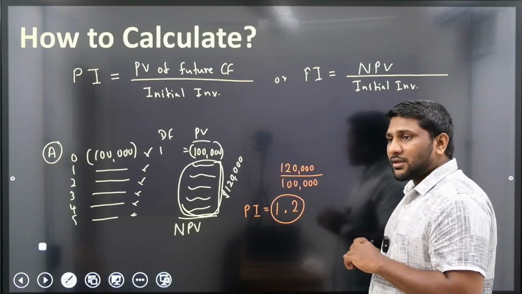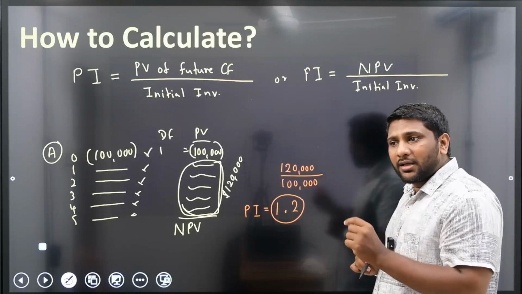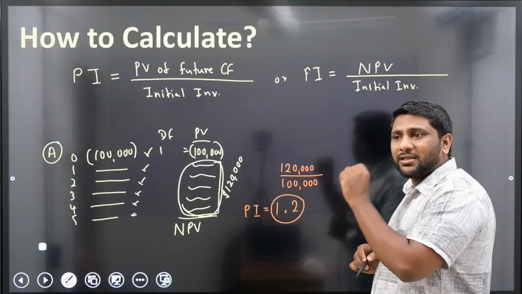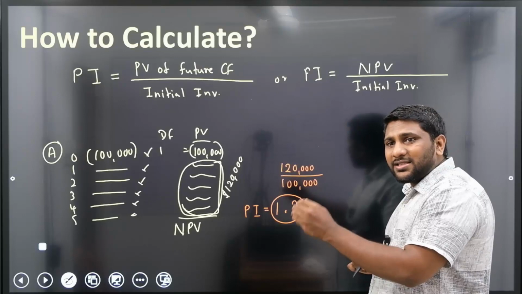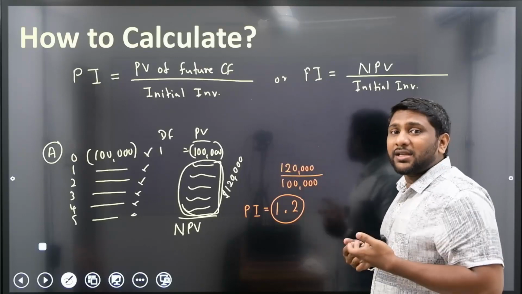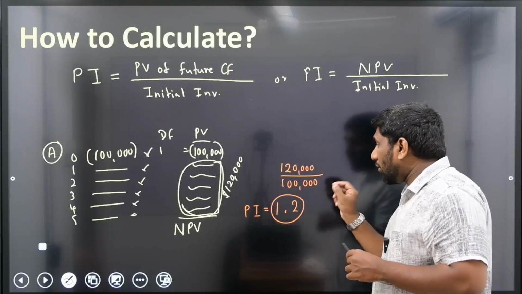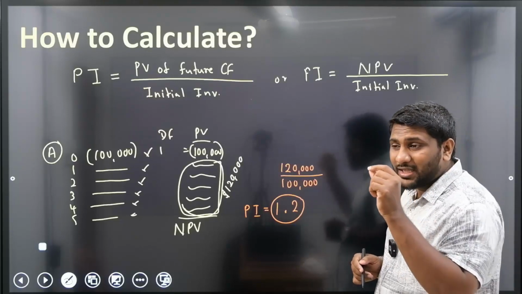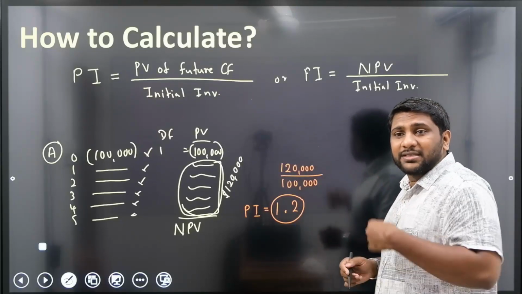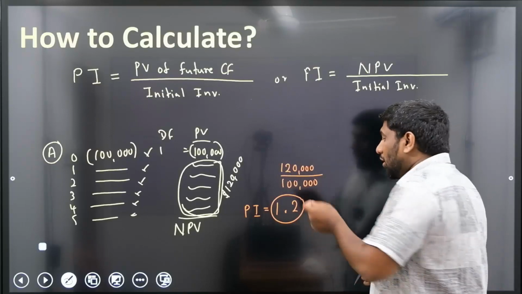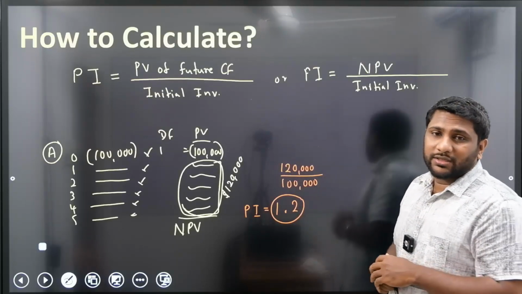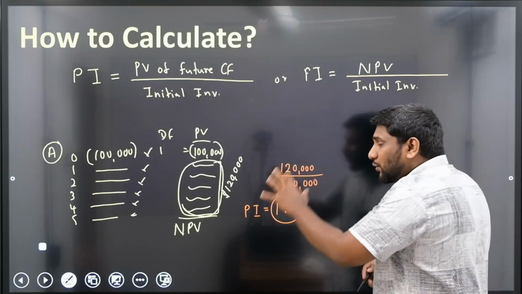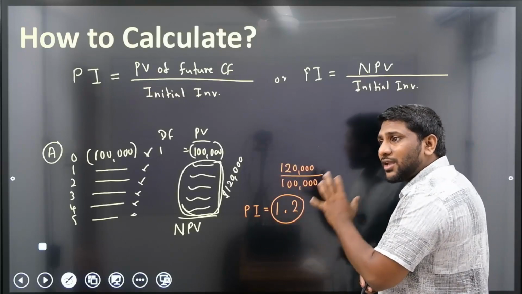That means for each and every dollar that you are investing in such a project, you will be generating a present value of cash flow of $1.2.